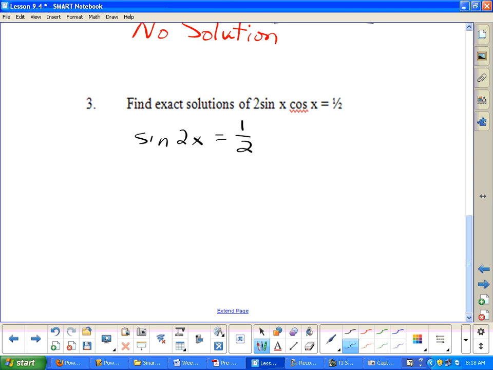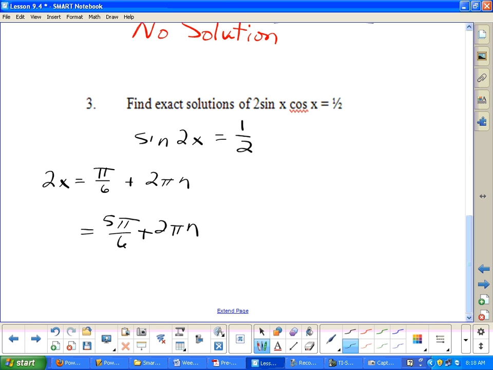Okay. Now, so first of all, let's see, when does sine equal positive 1/2? We did that up in number 1, right? Okay. So that means that 2x would equal pi over 6 plus 2 pi n, or 5 pi over 6 plus 2 pi n, right? Okay.